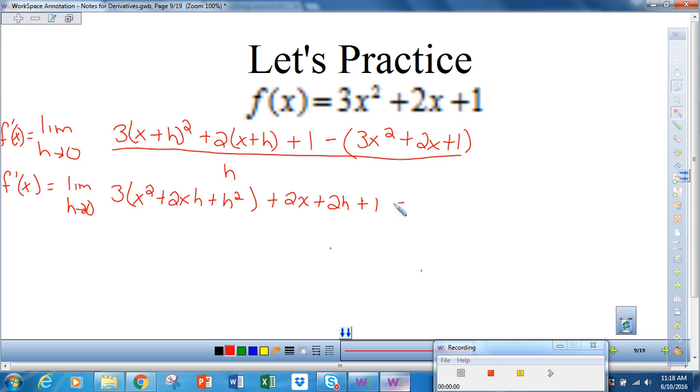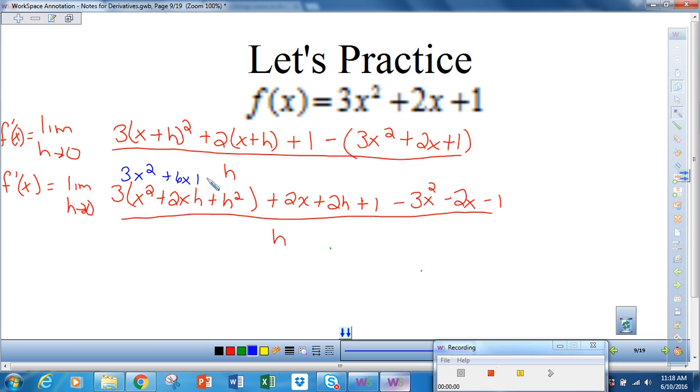And then distributing that negative 1, I get minus 3x squared minus 2x minus 1 all over h. And I can also come in here and distribute this 3, so I get 3x squared plus 6xh plus 3h squared. And all I did was just distribute that, so I can save myself a step.